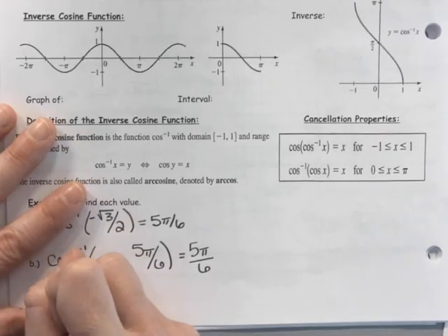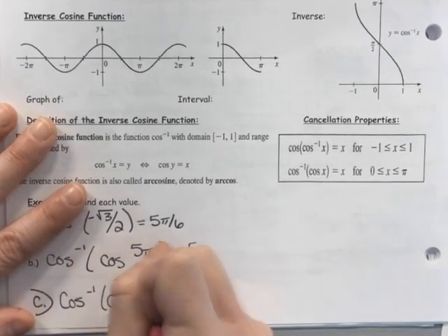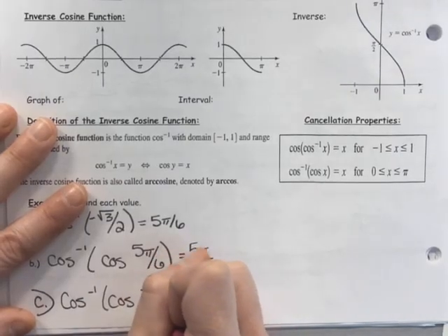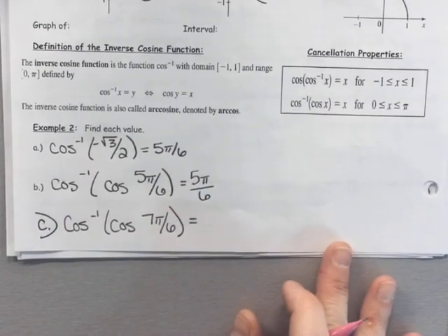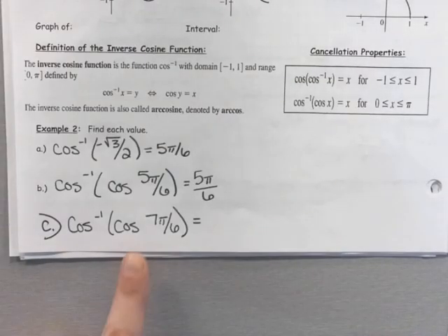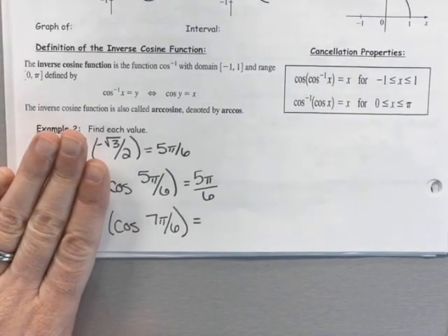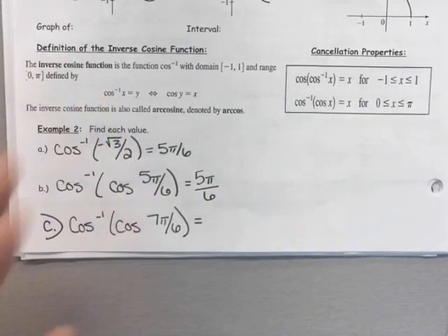Okay, last one. And then you've got some homework problems to practice on. Is 7 pi over 6 in my restricted domain between 0 and pi? Bummer. Okay, here we go. Let's find the cosine. So again, I'm going to ignore this part. We're going to work our way out. Cosine of 7 pi over 6.